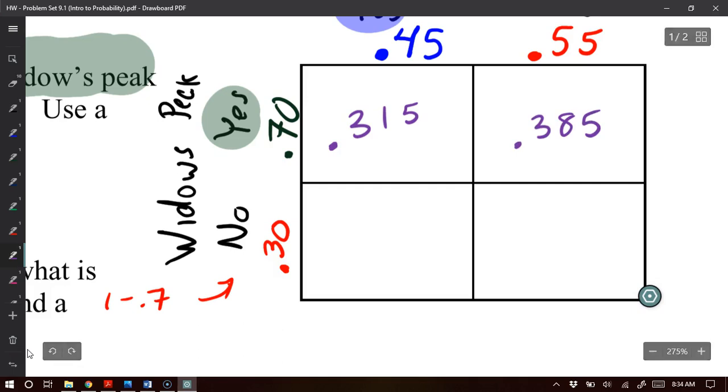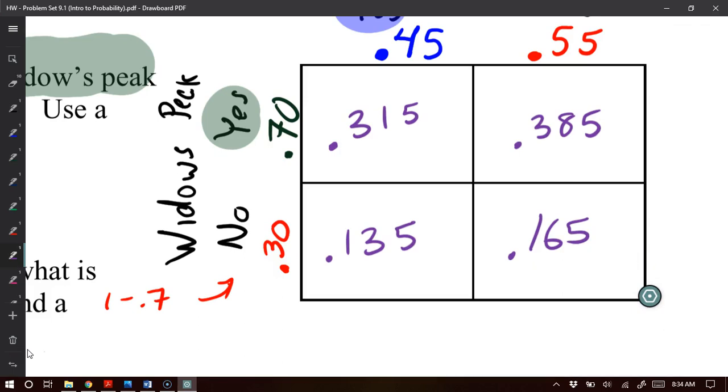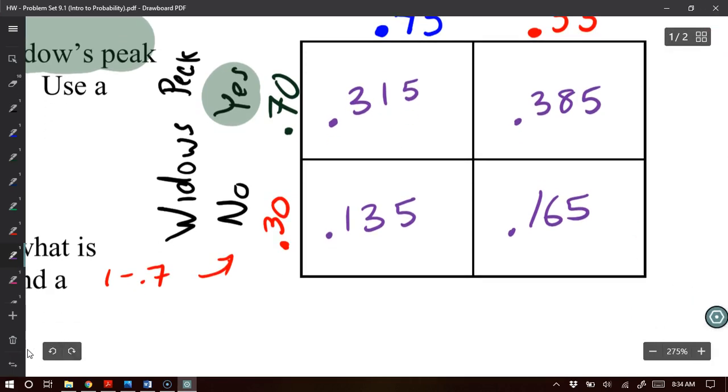I'm going to do 0.3 times 0.45, and that's going to give me 0.135 here. I'm going to do 0.3 times 0.55, and that's going to give me 0.165 here. And so there is our probability area model. If I wanted to, I could add all those numbers together and check, and they do all add to 1.